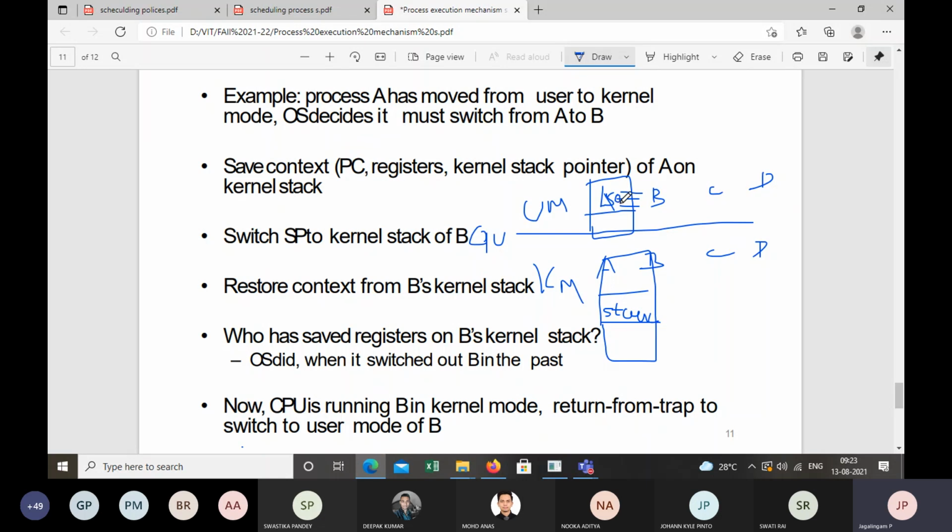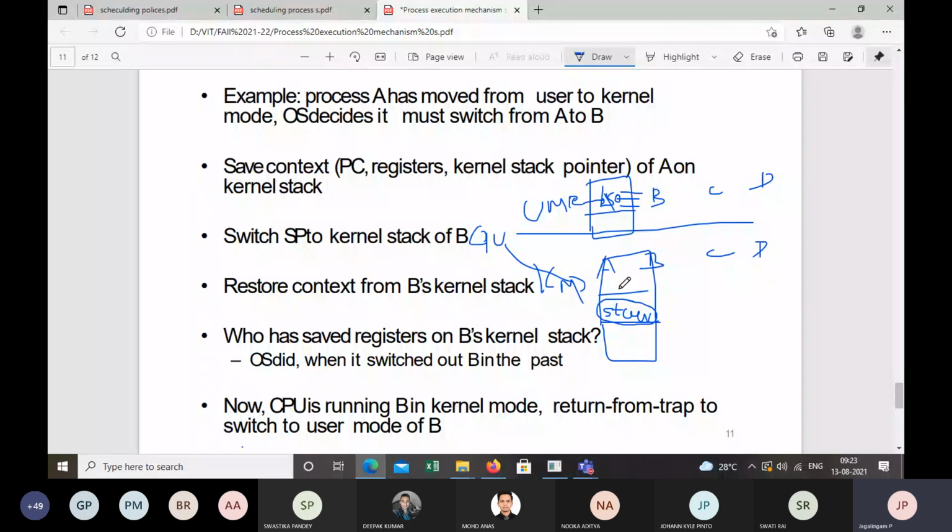To execute the system call, the CPU needs more privilege level. Therefore, the CPU moves from user mode to the kernel mode. When it moves to the kernel mode, it saves the PC value. Because the PC points to line 50, that value will be stored in the kernel stack of process A.